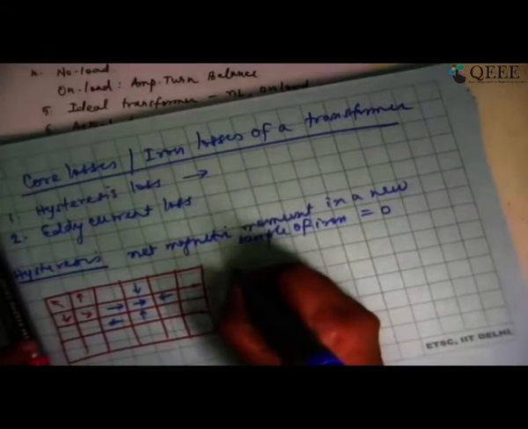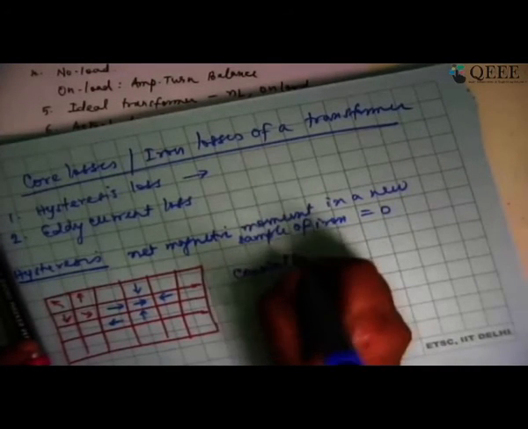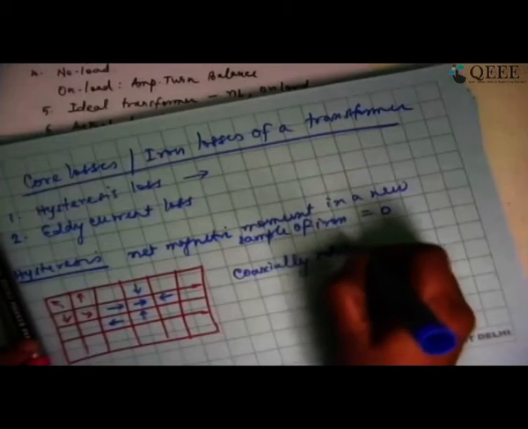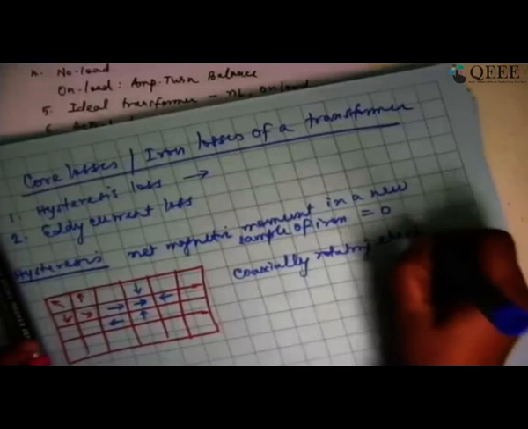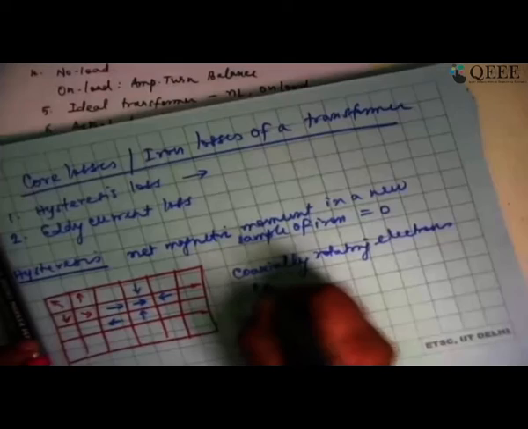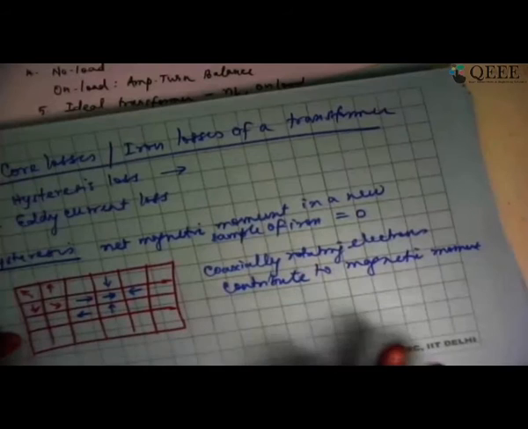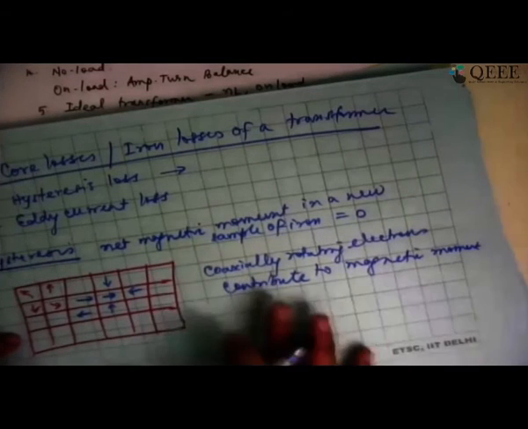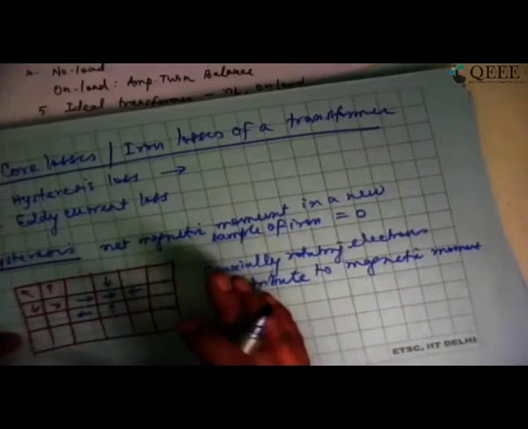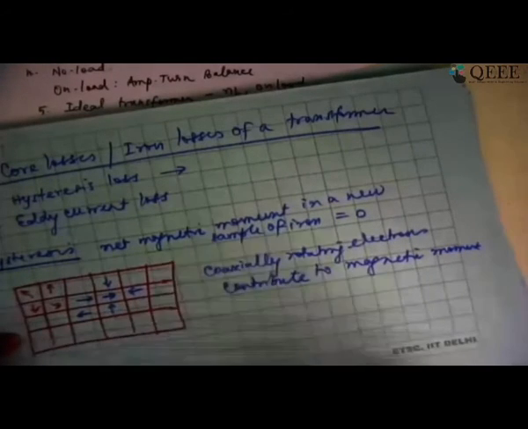So coaxially rotating electrons contribute to magnetic moment. Whereas in the rest of the elements which are not ferromagnetic in nature, all the electrons are not coaxially rotating. They are all vibrating in all sorts of random motions. That's the reason why there is no magnetic moment in non-ferromagnetic material.